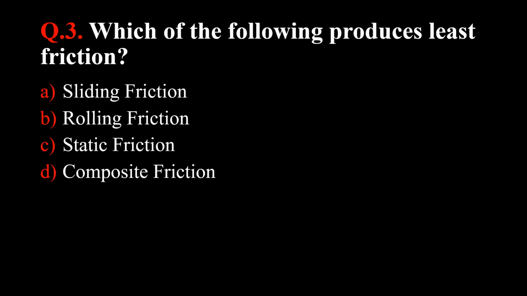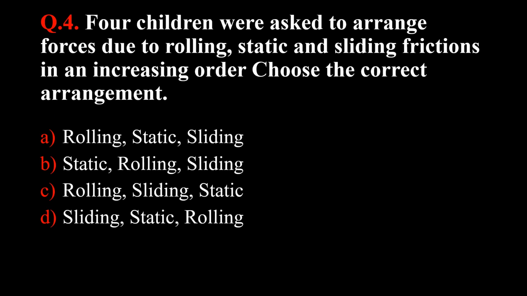Question 3. Which of the following produces least friction? Option A, sliding friction; option B, rolling friction; option C, static friction; option D, composite friction. And the correct answer is option B, rolling friction. Question 4. Four children were asked to arrange the forces due to rolling, static and sliding frictions in increasing order.